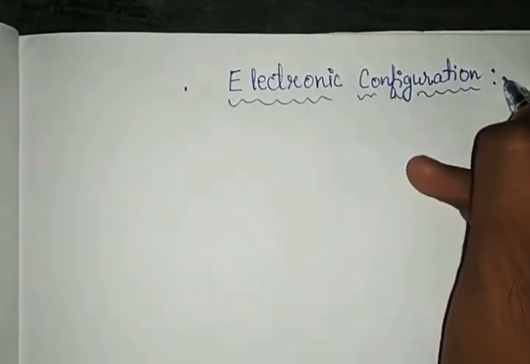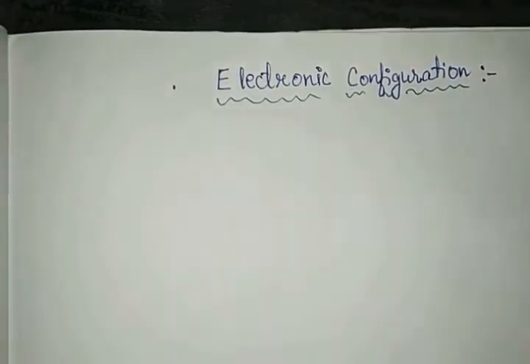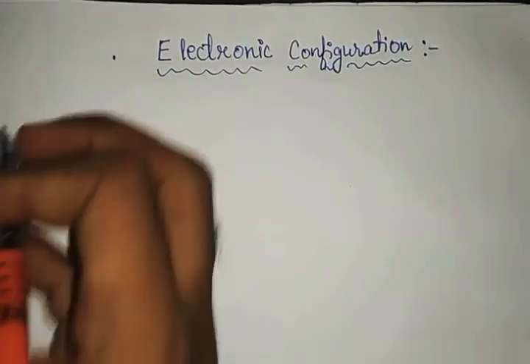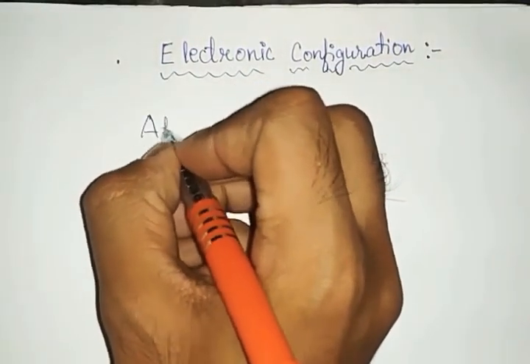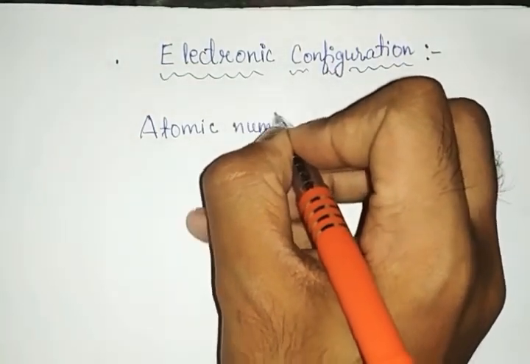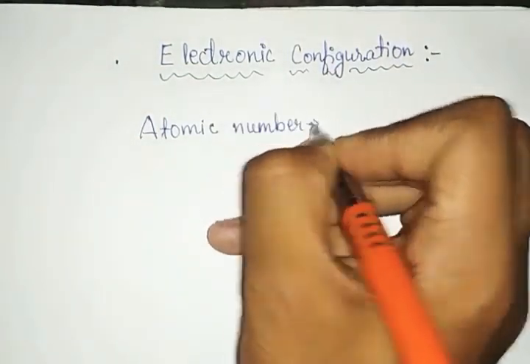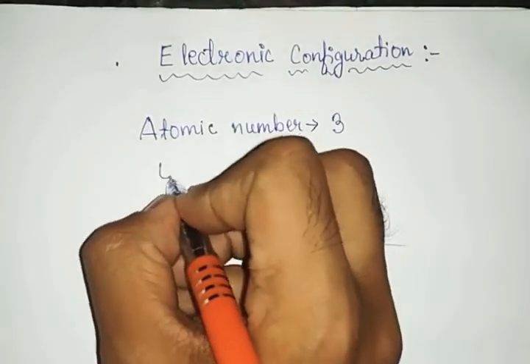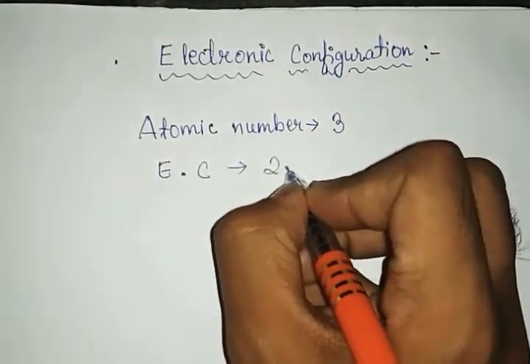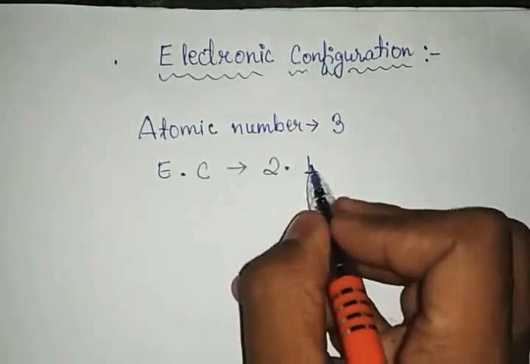Till now you were writing the electronic configuration in terms of shells only. Suppose the atomic number was 3, then the electronic configuration you wrote was directly 2,1, meaning you were directly writing the shells.